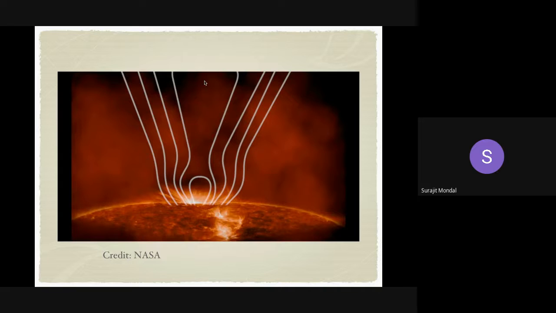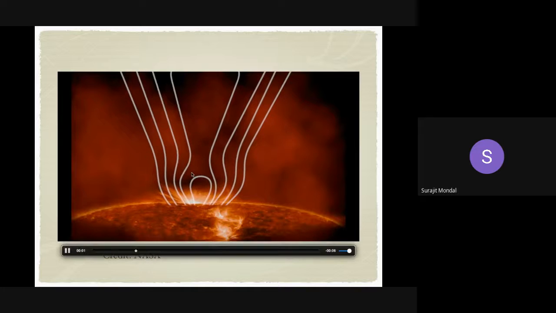Additionally, during the process of this reconnection, I mentioned that a strong current sheet is produced. So there are strong electric fields in the system. Those electric fields accelerate charged particles to very high velocities. These accelerated particles will move along the magnetic field lines. With the introduction, let me play this video.